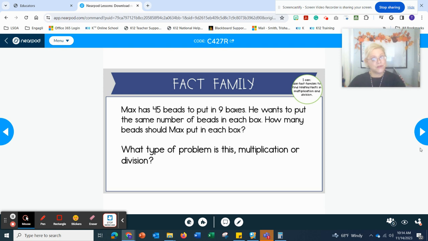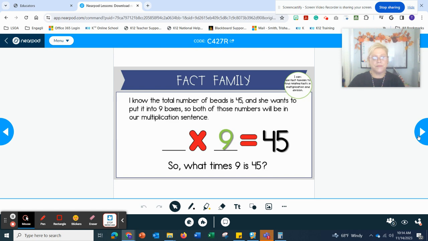We know multiplication and division. I know the total number of beads is 45. He wants to put in 9 boxes. So those numbers will be in my multiplication sentence. So 45 is the total number. 9 is in my sentence. So what times 9 is 45?